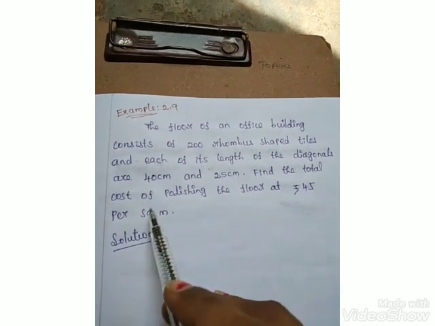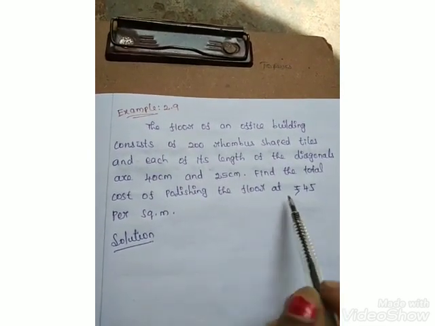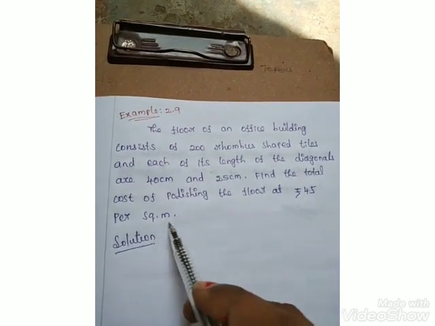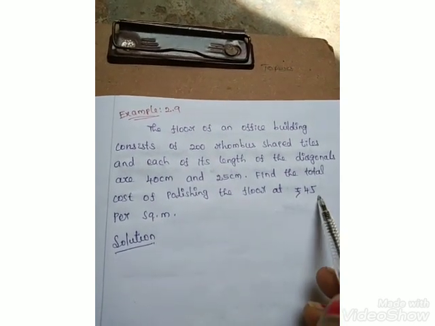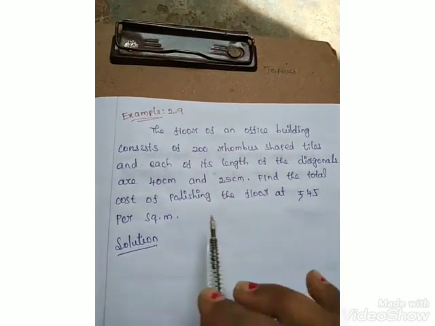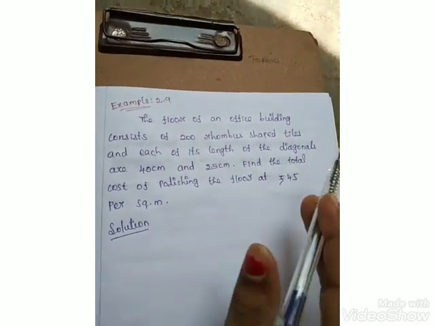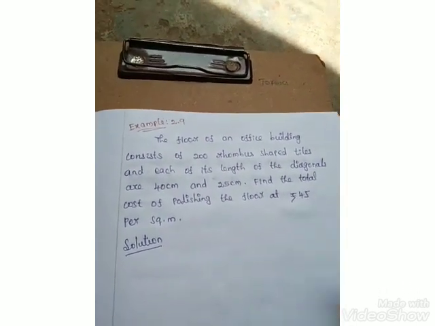So we can calculate the cost of polishing the floor, rupees 45 per square meter. ஸோ டோட்டலாக அந்த ஃப்ளோருக்கு ஃபுல்லாக பாலிஷிங் பண்ணுறதுக்கு எவ்வளோ அமௌண்ட் ஆகும் அப்படின்றத நம்ம கால்குலேட் பண்ண போகிறோம்.